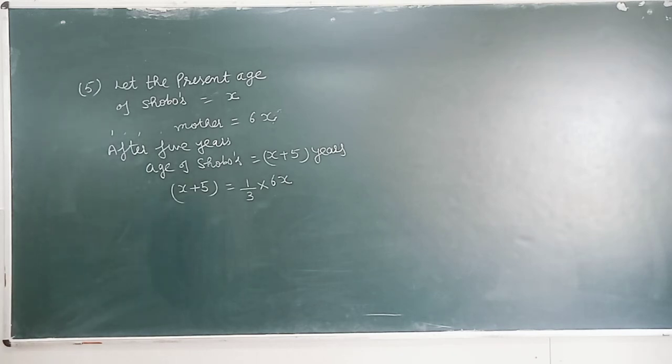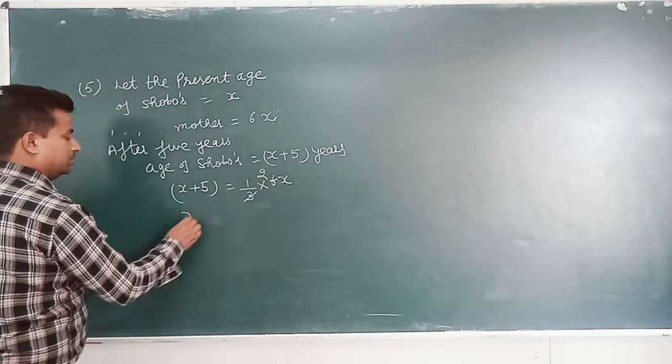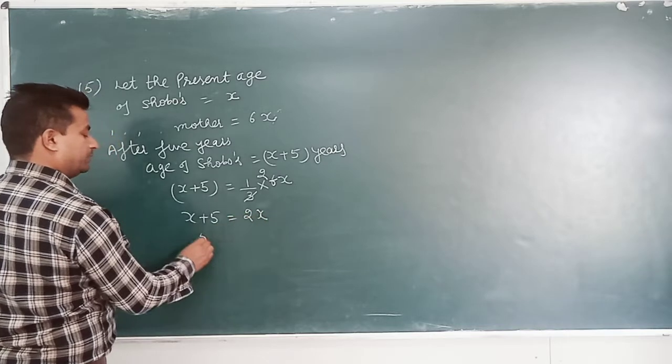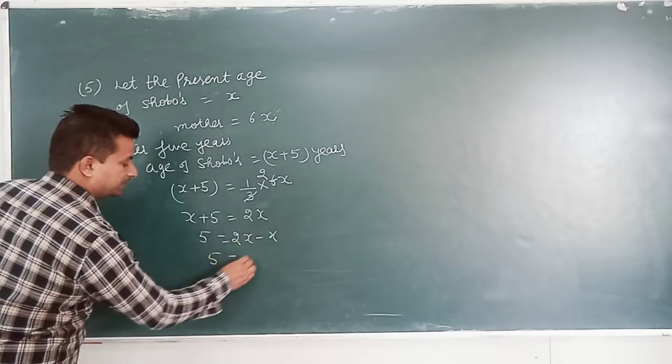So in this, first we cancel out this. This is 2x. So x plus 5 equals 2x, 5 is equal to 2x minus x, 5 is equal to x.